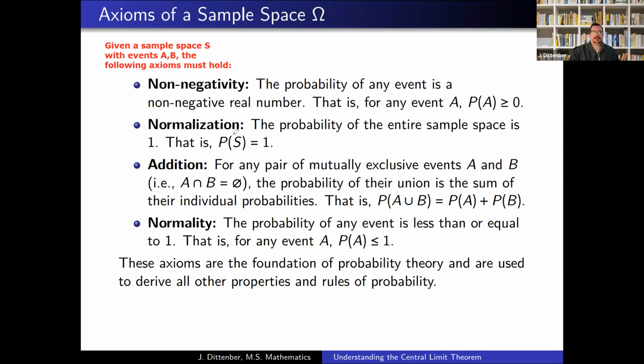Okay. The next one is called the addition rule. For a pair of mutually exclusive events, which can also be referred to as disjoint, meaning that there's no intersection, their intersection is empty. They are, in fact, what we call disjoint.